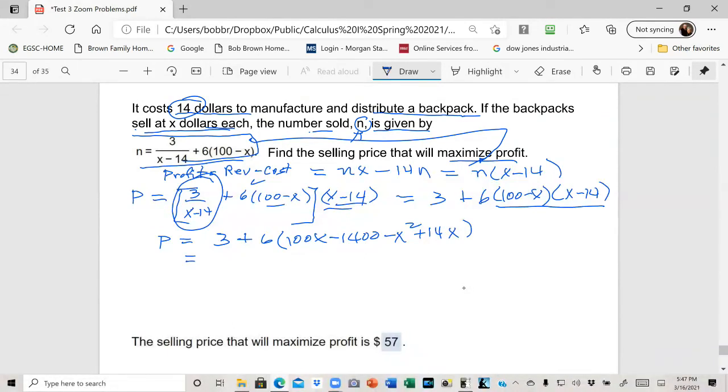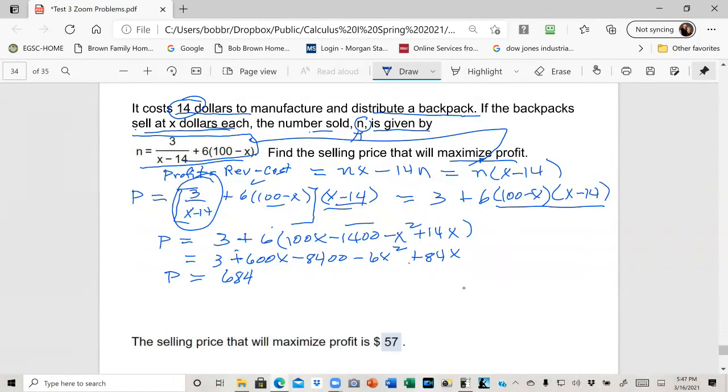And this is going to be 3 plus 600X minus 8400, that's 6 times 14, minus 6X squared plus 84X.